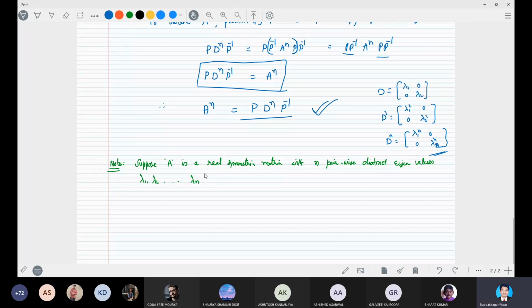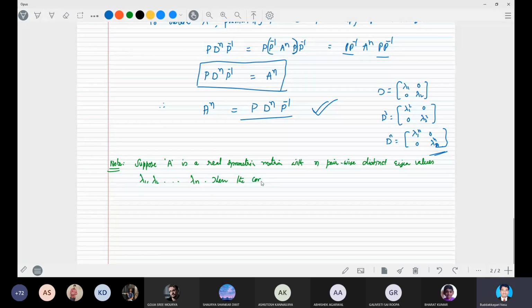Pairwise distinct means that if you take any two, they are not equal. That means distinct eigenvalues.